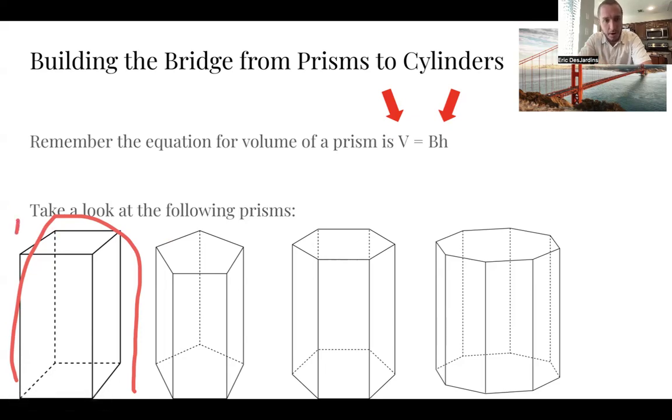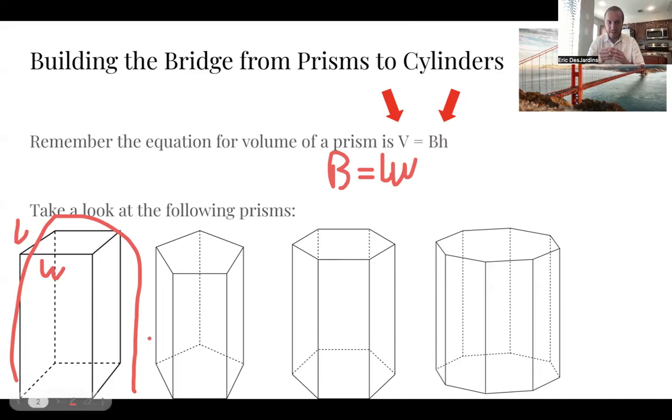So the area of the base, in this case, equals the length of my base, which is that side labeled L, and then the width of my base, that side labeled W. So area of the base, B, equals length times width, and then times height. So that's how you find the volume for a prism.